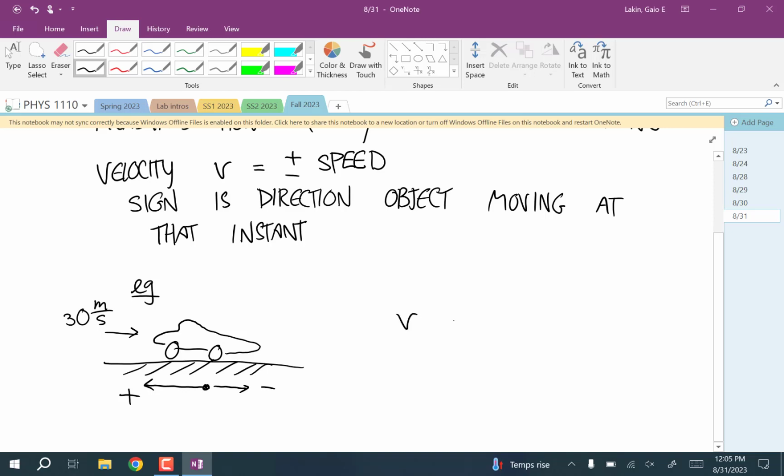The velocity would be plus or minus 30 meters per second. And then you would look at the direction the car is going. It's moving in the negative direction. And so it would be negative 30. Okay?